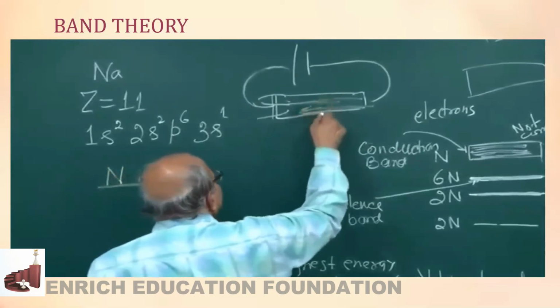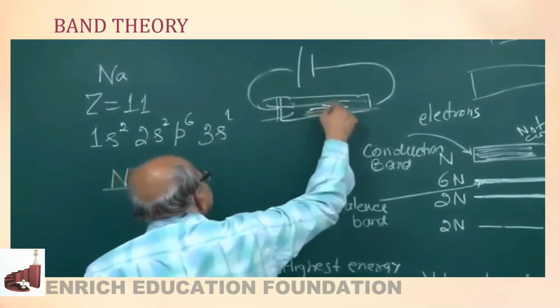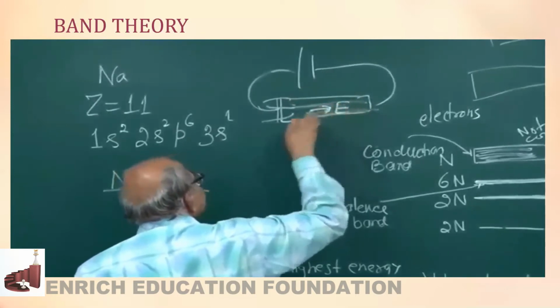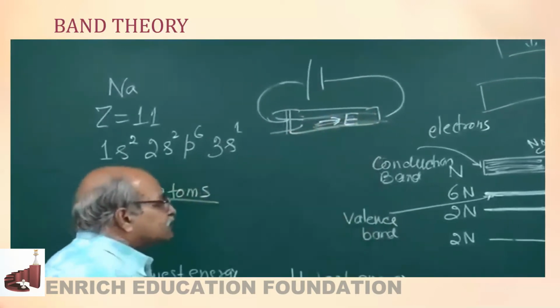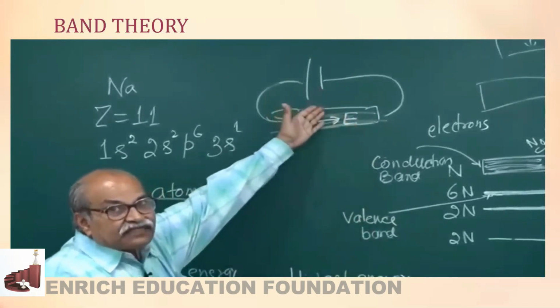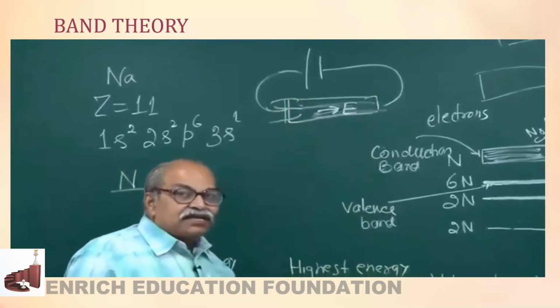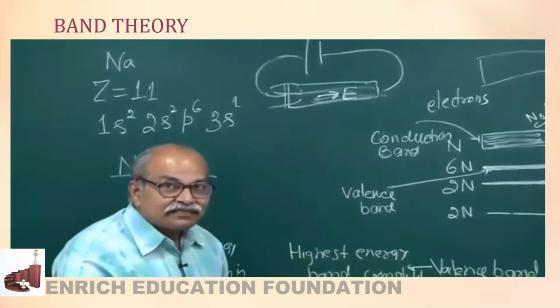Then you create an electric field here. Using this battery, an electric field is created here, and this electric field drives the current. That means this electric field interacts with the electrons and tries to accelerate them, tries to give kinetic energy to them.